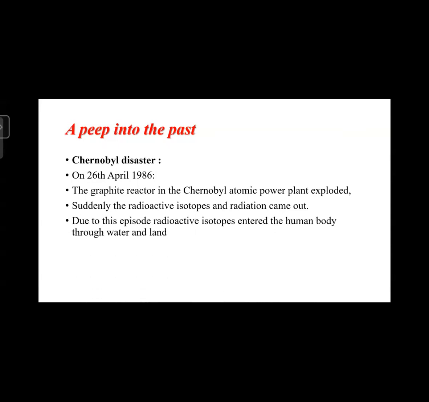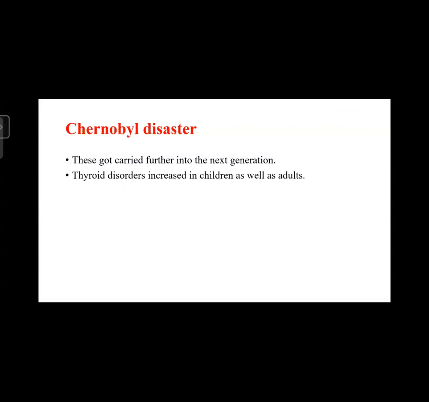Due to this episode, radioactive isotopes enter the human body through water and land, and it is causing genetic disorders also. These got carried further into the next generation. Thyroid disorders increase in children as well as in adults. As a result, the incidence of throat disease is greater than in other places.